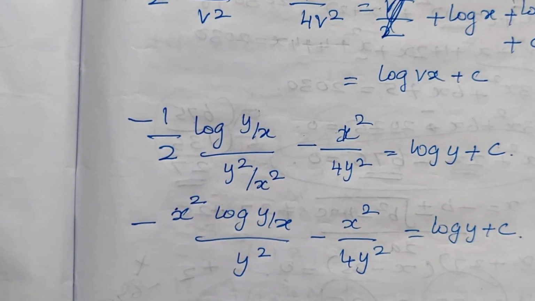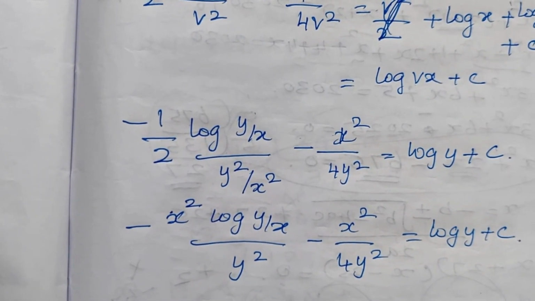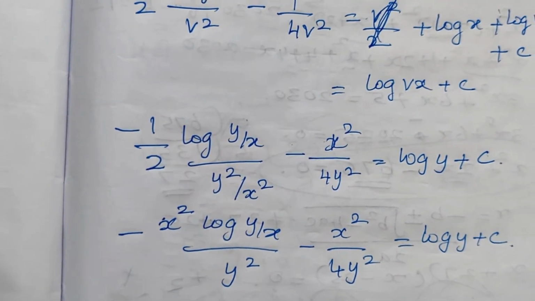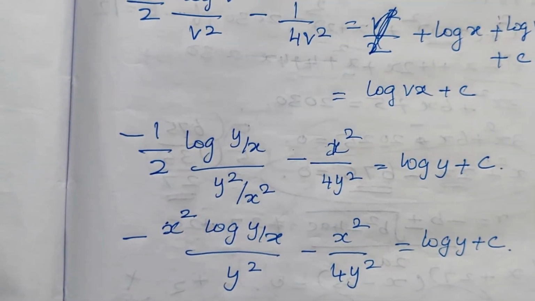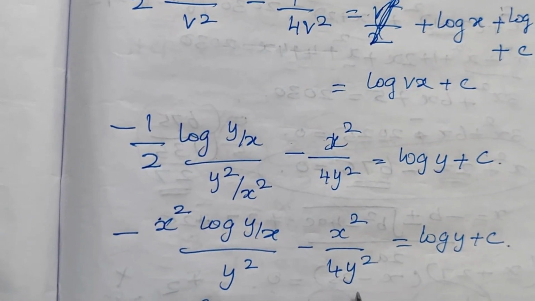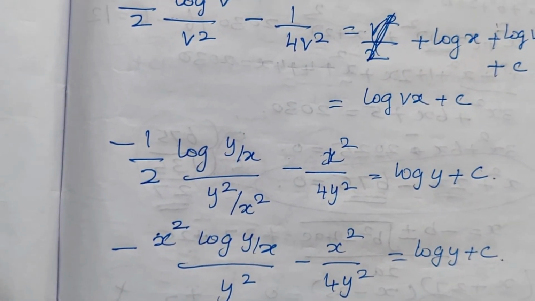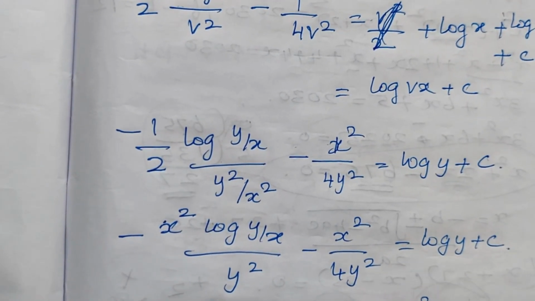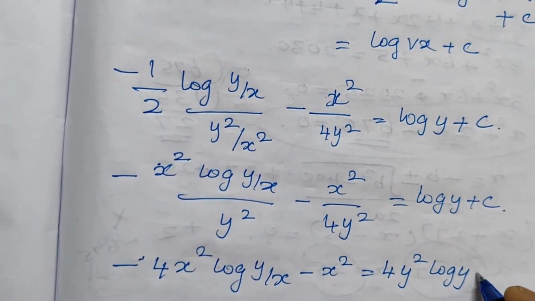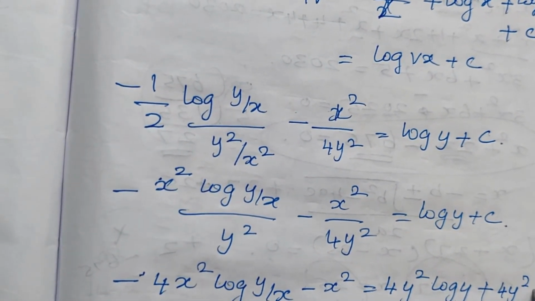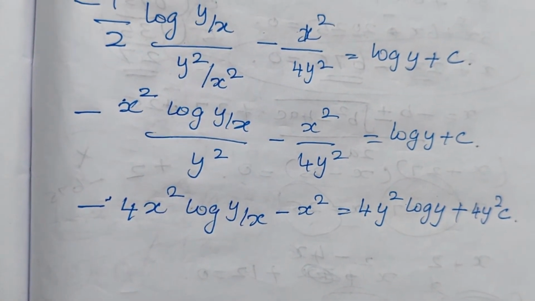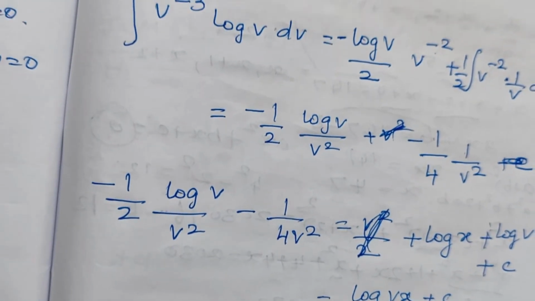So what you get is −2x² log(y/x) − x² = 4y² log y + 4y² c. So this is the solution of this differential equation.